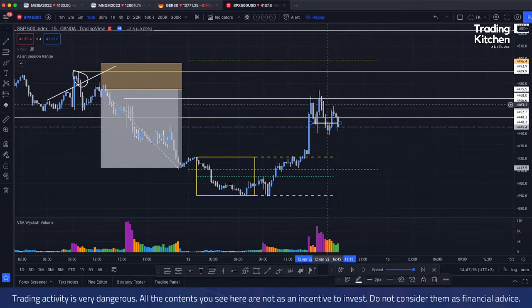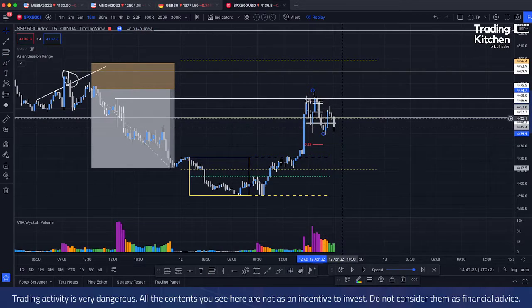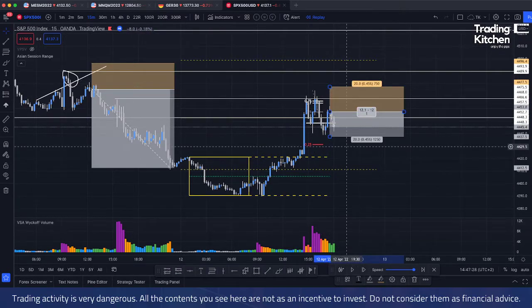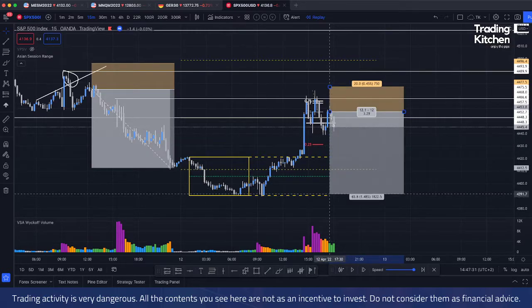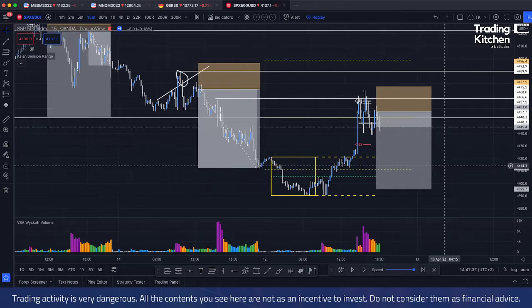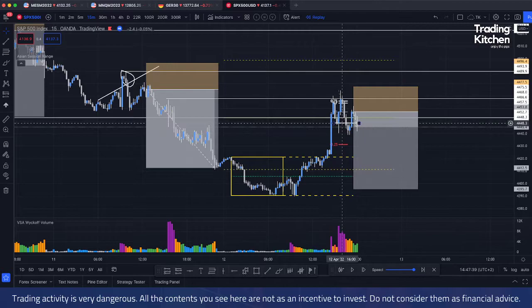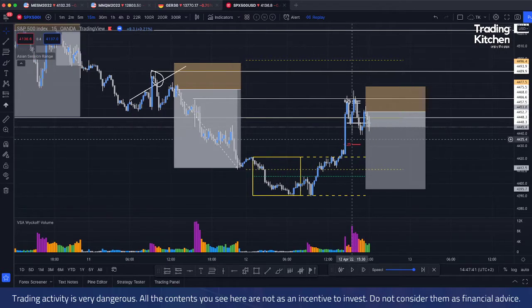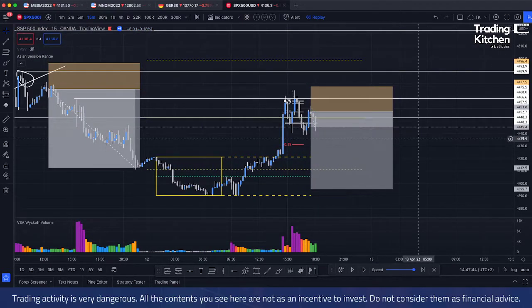Now what you can do is wait for a retracement of the 50% of this range and go short here. Okay, TP always 1.3, or you can wait for an intraday pattern after the retracement, or an engulfing after the retracement.